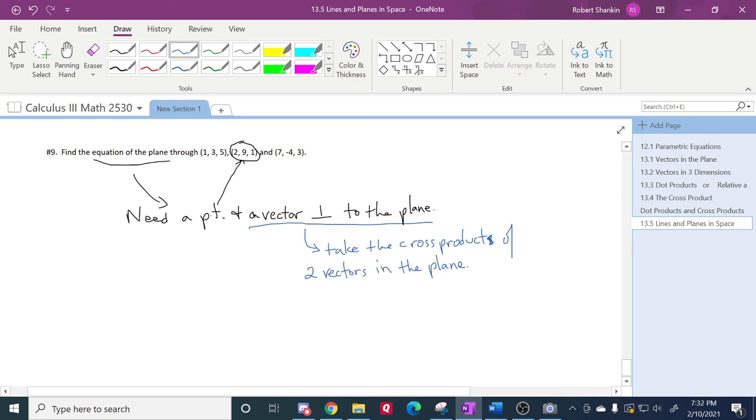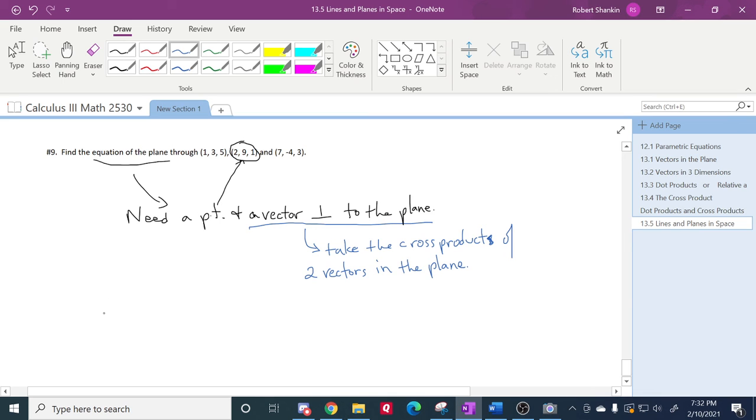And when you take the cross product of two vectors in the plane, remember the cross product is a third vector that is perpendicular to both of these other vectors. And since it's perpendicular to both of those vectors in the plane, it will be perpendicular to the entire plane. Everybody follow? Any questions?